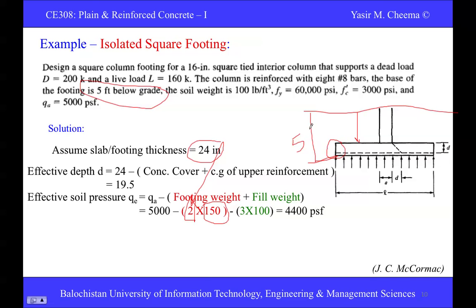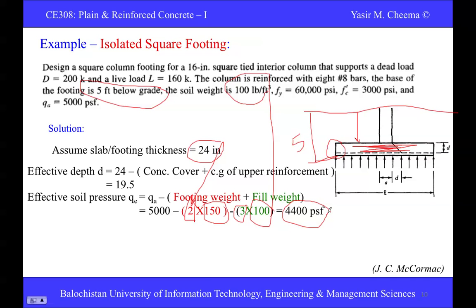And then is the fill weight. The total depth of the footing from the grade is 5 foot. If we subtract 2 foot of the slab or footing, the remaining is 3 feet. Alright, 5 minus 2 is equal to 3 foot. And 100 pounds per cubic foot is given as the weight of the soil. So 3 foot times 100 gives pounds per square foot. Now this is the effective soil pressure.